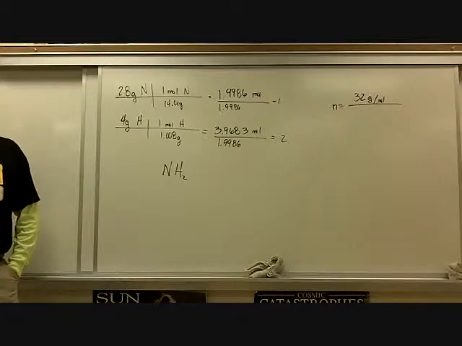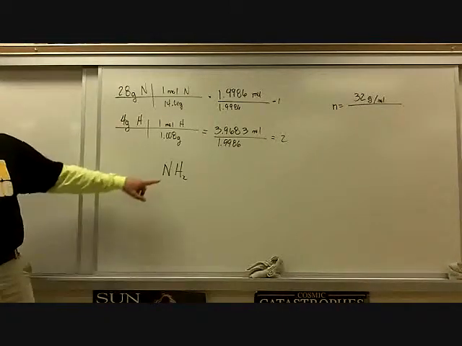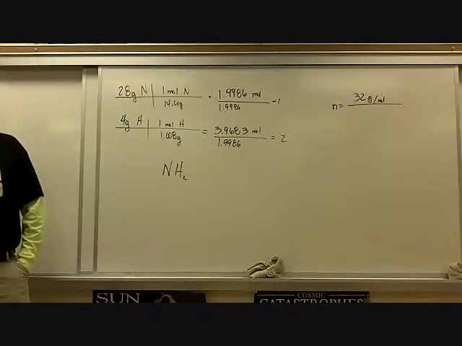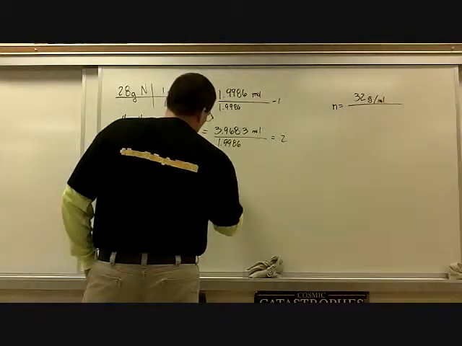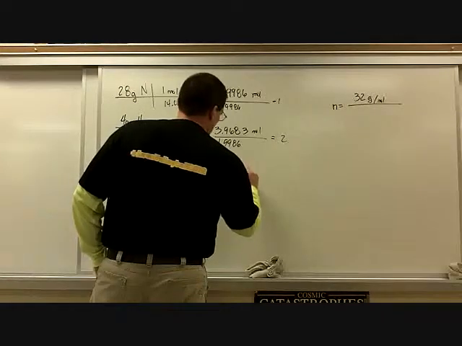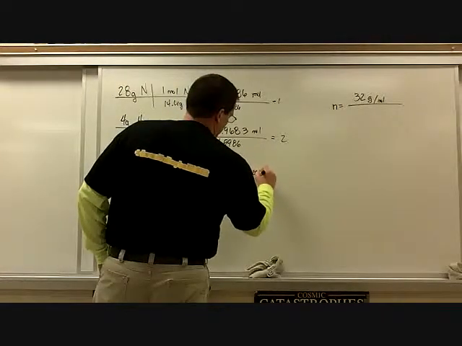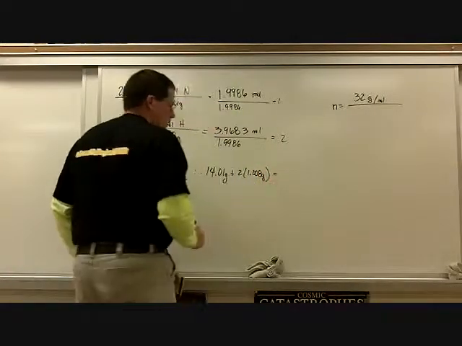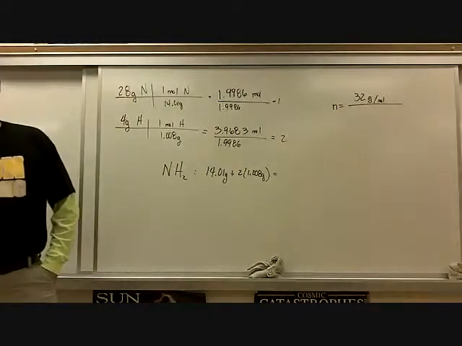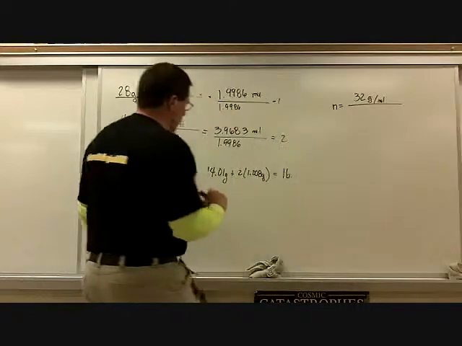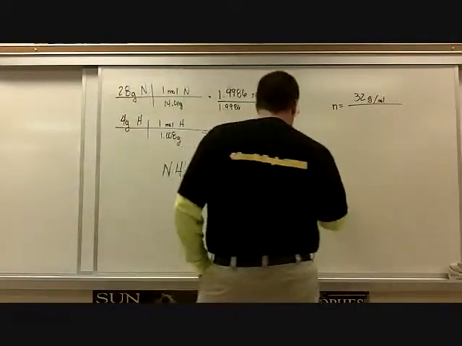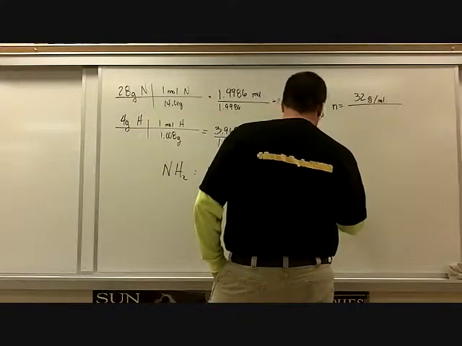So, to find the molecular formula, what do we need to do to that? Get the numbers and add them. Add them together and put them on the bottom. So 2 times that, around 16-ish and some change, 16.026.